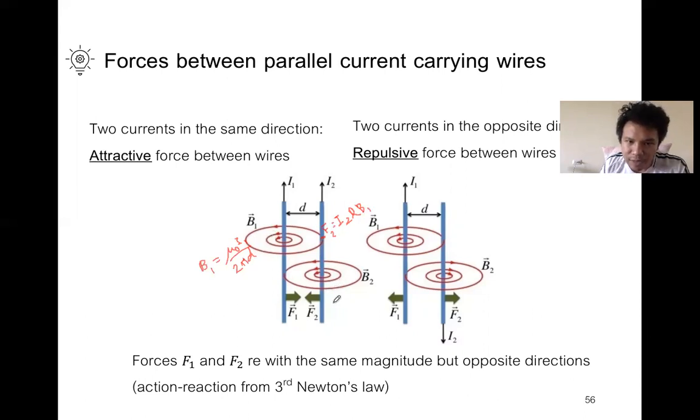But the other way around, I2 will also generate magnetic field B2, and B2 can be calculated from Ampere's law. So it's mu 0 I2 over 2 pi d. And this B2 will have some effect on I1, because the current I1 within the wire of length L is within the magnetic field B2. So there will also be a force acting on wire one.